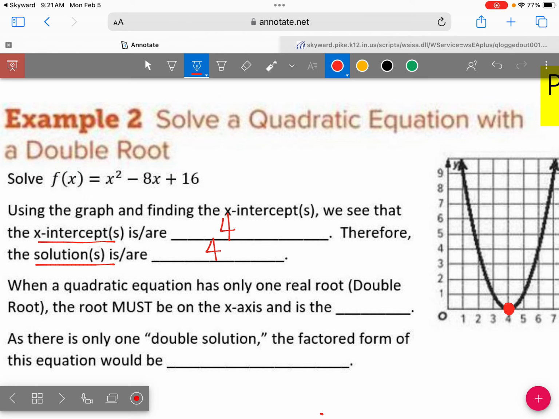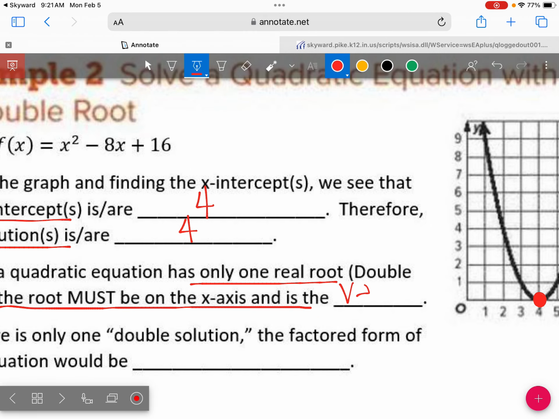So when a quadratic has only one real root, the root must be on the x-axis, and it's also going to be the vertex. Anytime there's only one solution, that point is the solution and also the vertex.